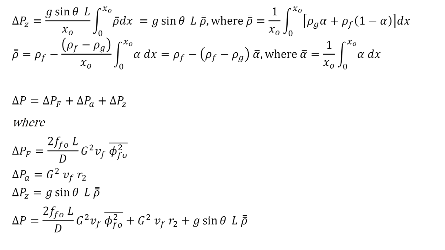So, this expression within the integral is actually an average density, a weighted average density, and we call it rho bar. This expression we are calling rho bar, and then the integral of rho bar over 0 to xo we are calling it as rho double bar.